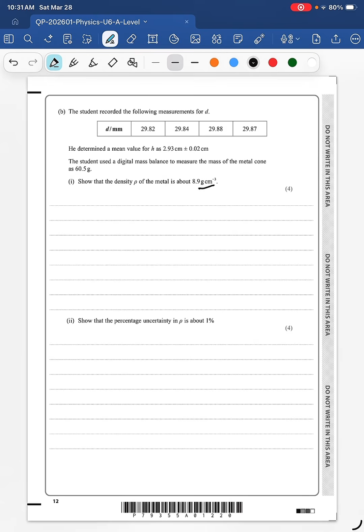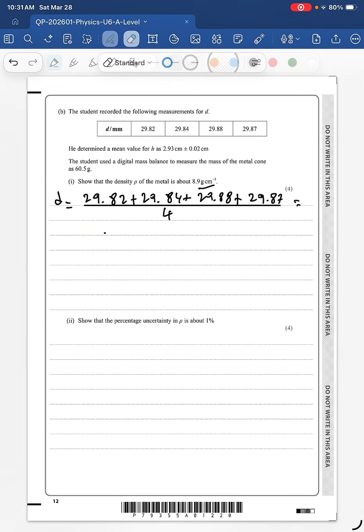Okay, so the first step is to find the average value for D. So 29.82 plus 29.84 plus 29.88 plus 29.87 over 4 yields 29.85 millimeters, and we can convert to centimeters since we will need that.